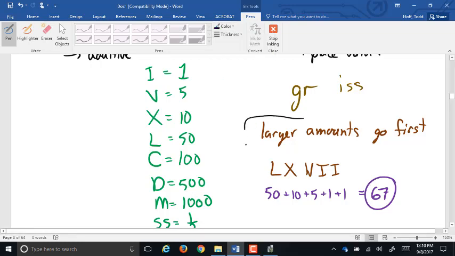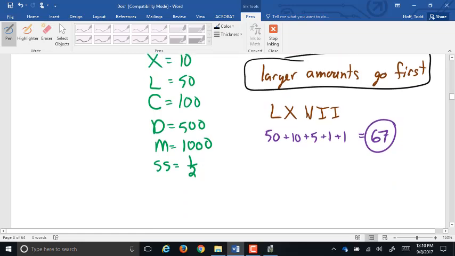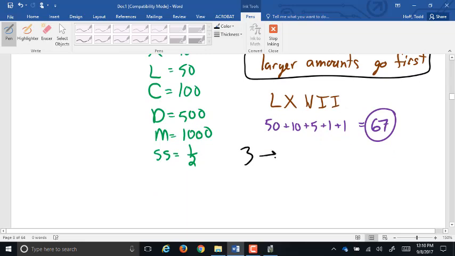Now, the larger amounts come first when they're adding. What they tried to avoid is repetition. Like 3 is just III. For 4, rather than listing 4 I's out, they thought their numbers would get too long. So they did this, IV.